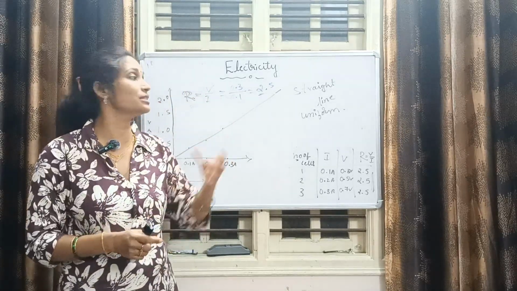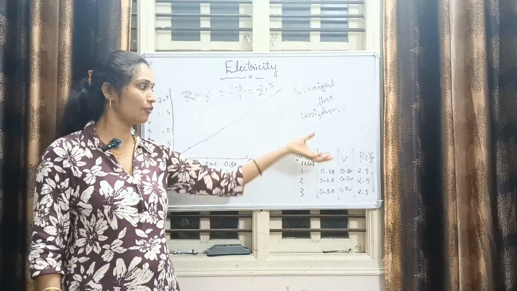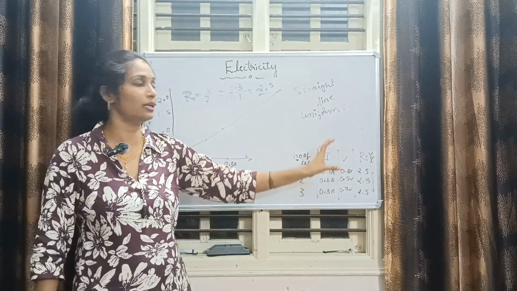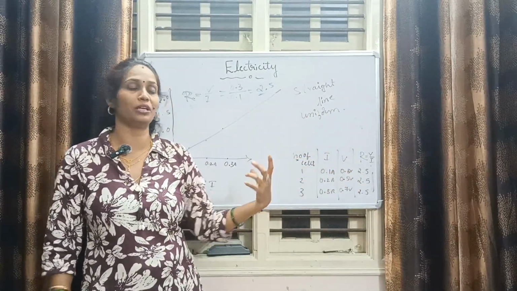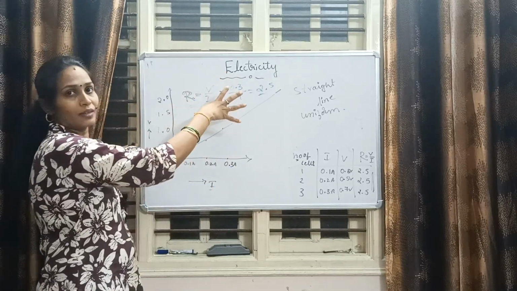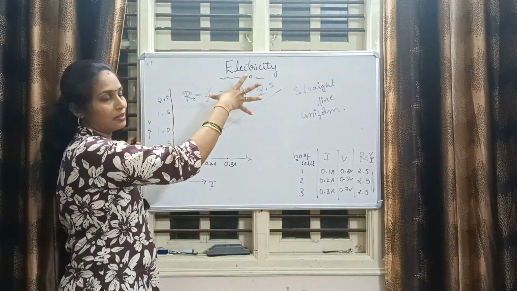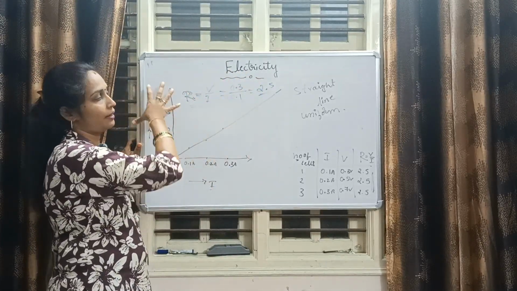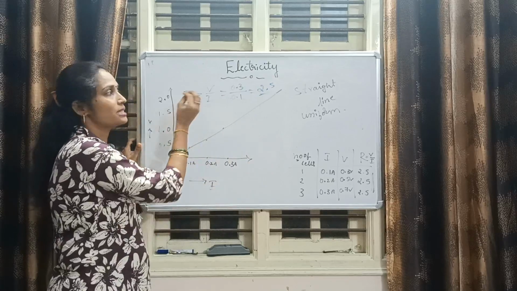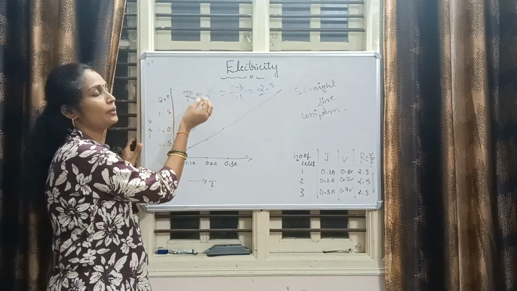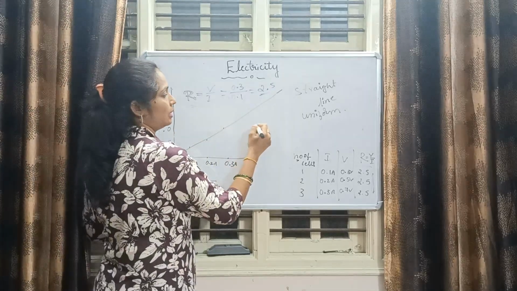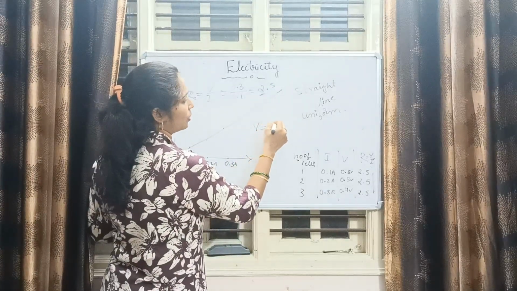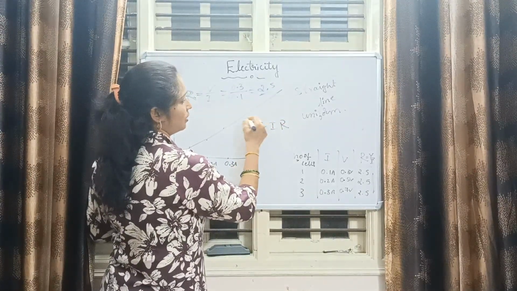How much disturbance happens during the flow of this much current with this much pressure, that is potential difference, can also be calculated using a simple formula, V by I. So the relationship between V, I and R is V is equal to IR.